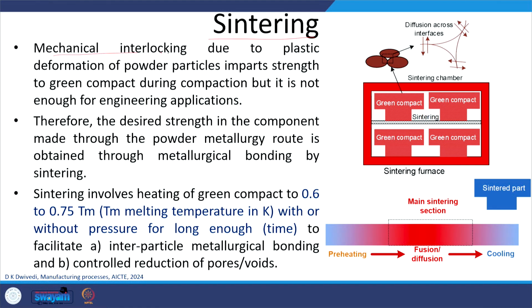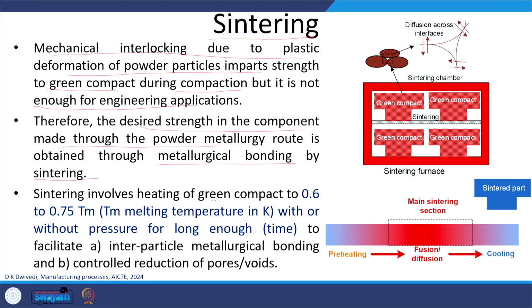The mechanical interlocking due to the plastic deformation of the powder particles imparts strength to the green compact or briquette during the compaction, but this is not enough for many engineering applications. Therefore, the desired strength in the component is obtained through the development of metallurgical bond during the sintering stage.